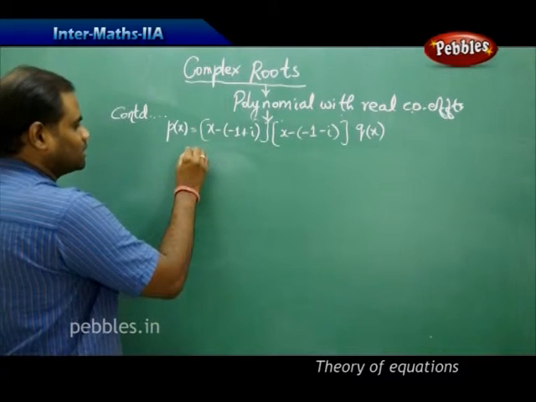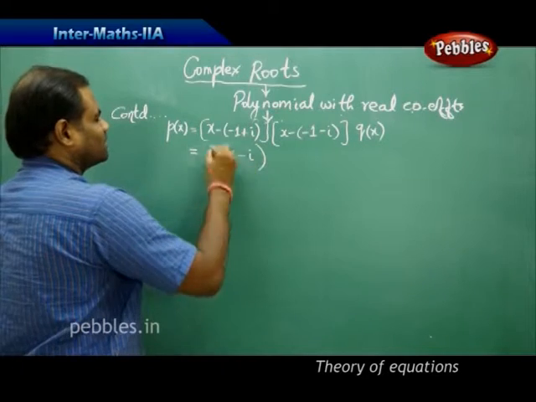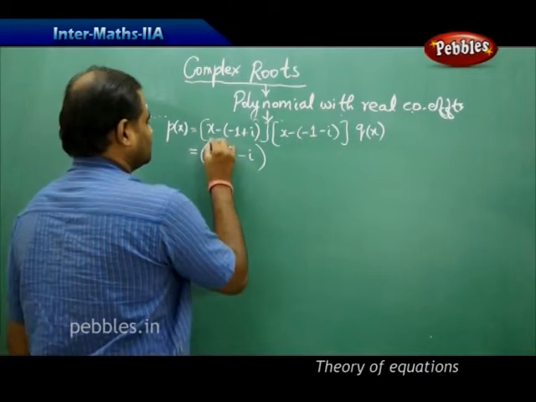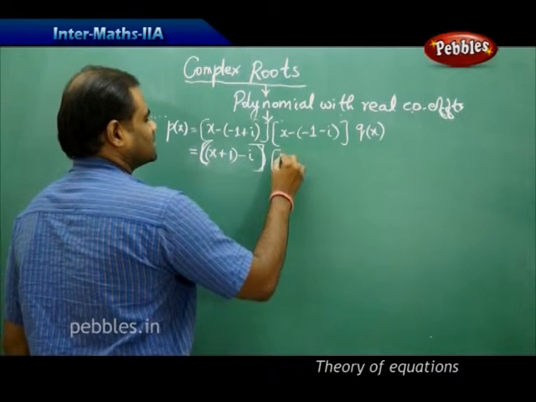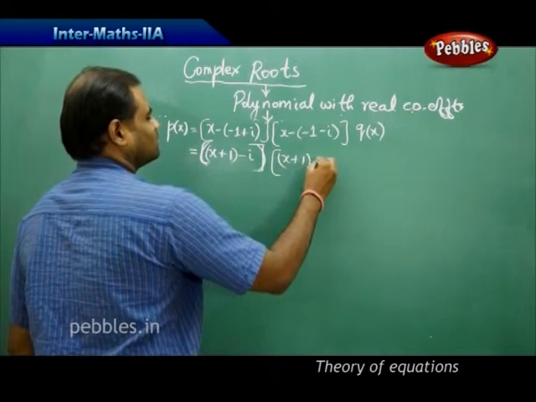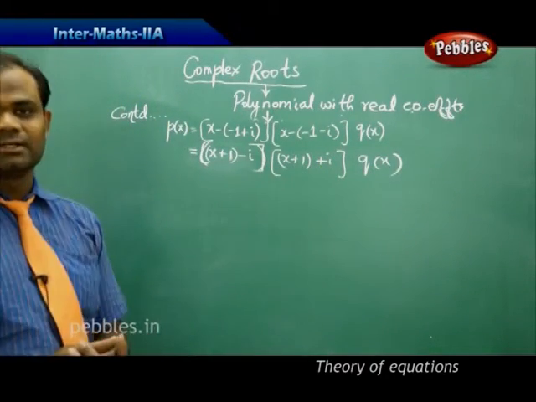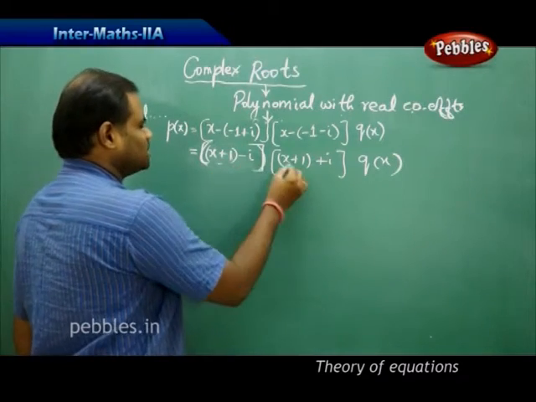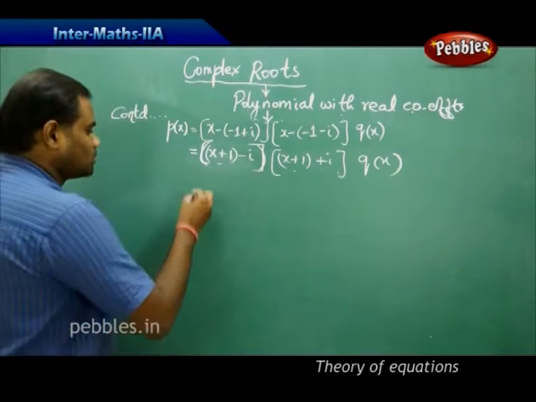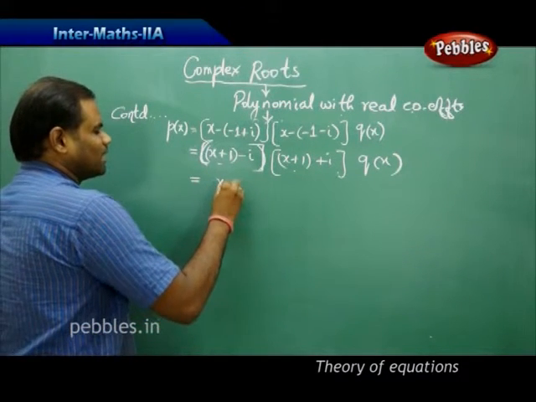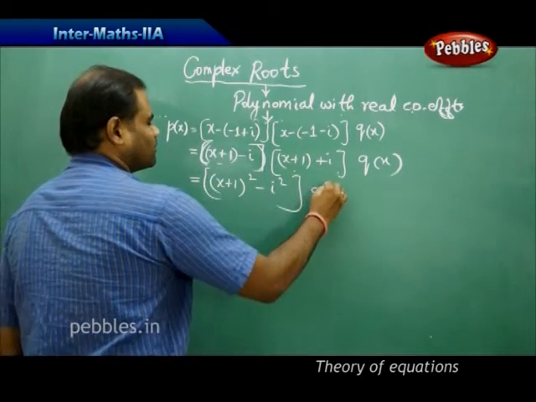Therefore, I further simplify this so that I get x plus 1 minus i and x plus 1 plus i times q of x when I expand the brackets. Now this is clearly in the form of a minus b into a plus b, where a is x plus 1 and b is i. Therefore, using the formula a plus b into a minus b, I get a squared minus b squared times q of x.